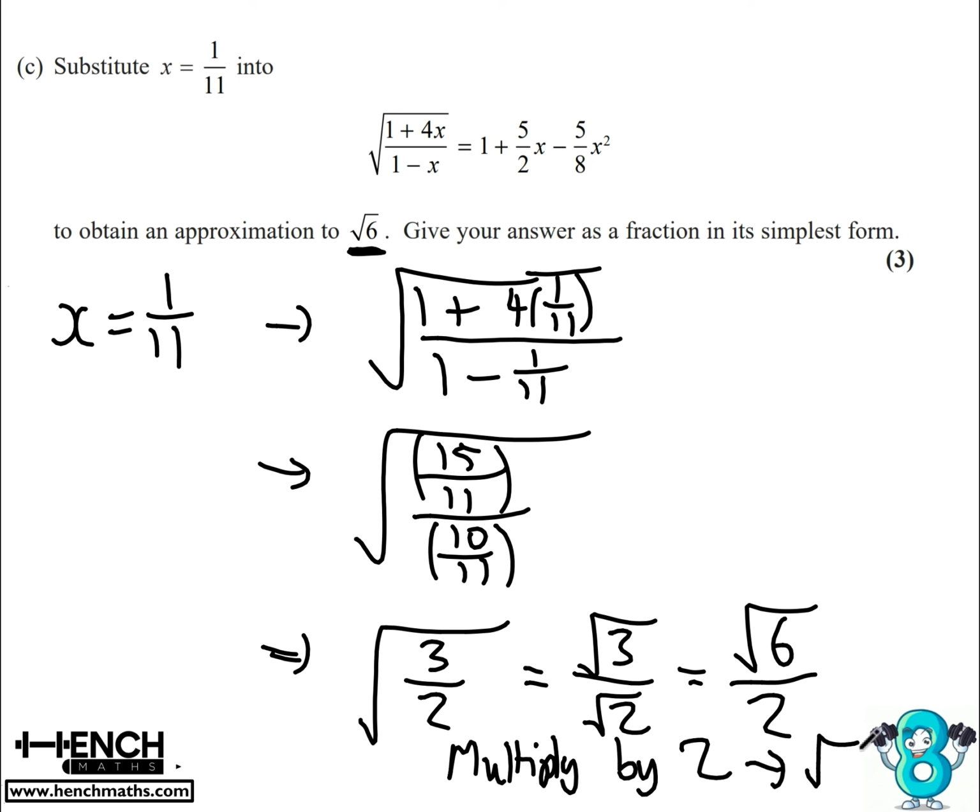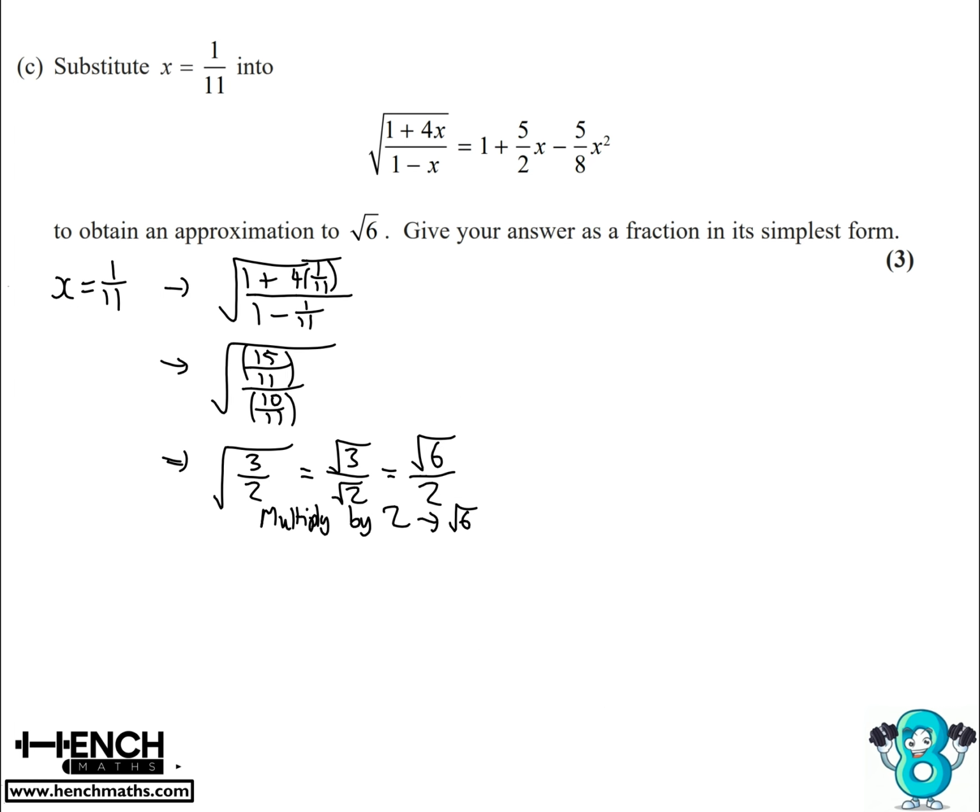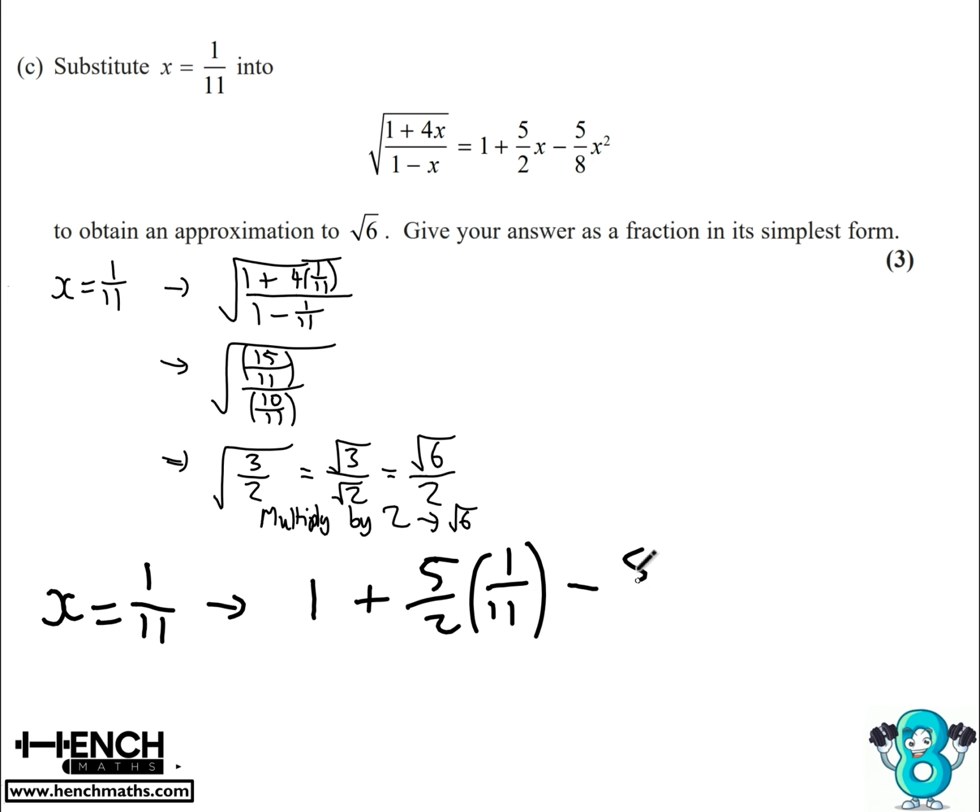Because the root of (1 + 4x) all divided by (1 - x) is approximately equal to 1 + 5/2 x - 5/8 x squared, if we sub x equals 1 over 11 into our expansion, we get 1 + 5/2 times 1/11 - 5/8 times (1/11) squared. This should be approximately equal to root 6 over 2.